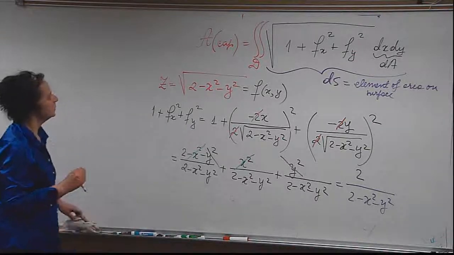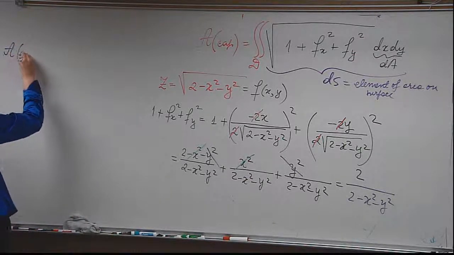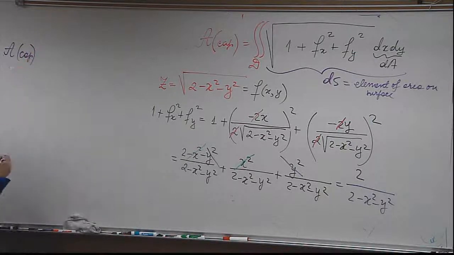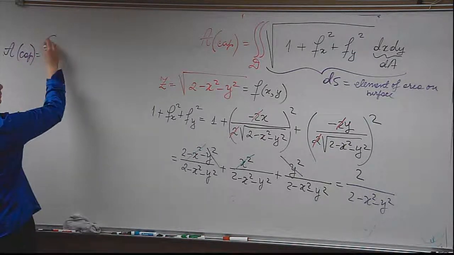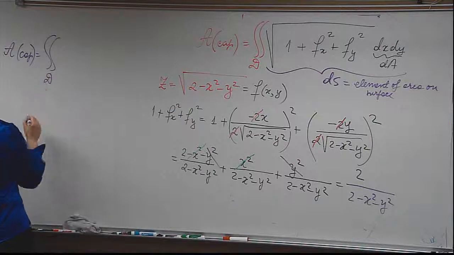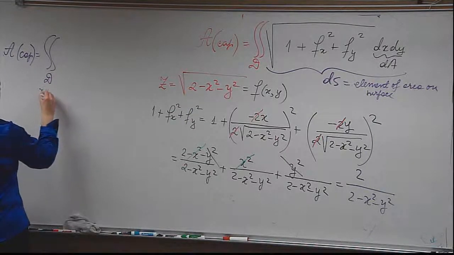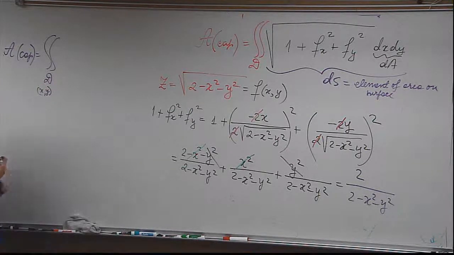All right, so area of the cap will be, now you say, well, over the D, let me think. D represents those xy's with the property that, you tell me what, you forgot? No, you didn't forget.